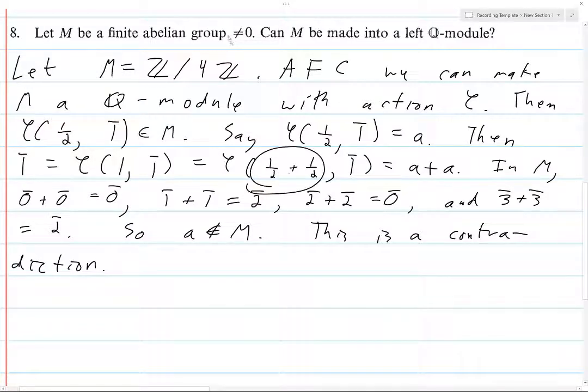Maybe you'd have to do something like bringing this plus out, and 1/2 is typically a thing, because finite abelian groups tend to be very discrete, and the rational numbers are sort of discrete, but not really, they're dense in R, which isn't something that comes into play here because we're not talking about R at all.